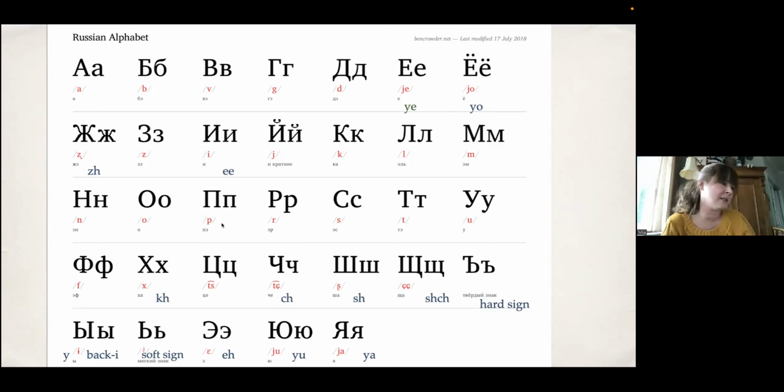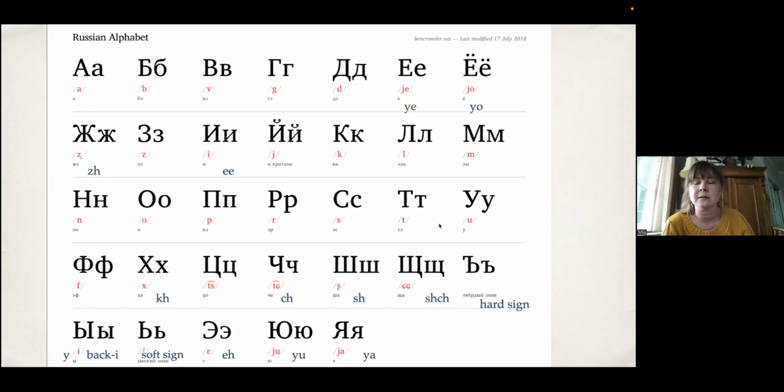And then this is B, not P, but B. All right, and this is their R, the R letter, and it does roll a little bit. It's like R. And then this is S. Like in English, we have many words that have the C letter in them, and they are pronounced like S. So that's easy to remember.